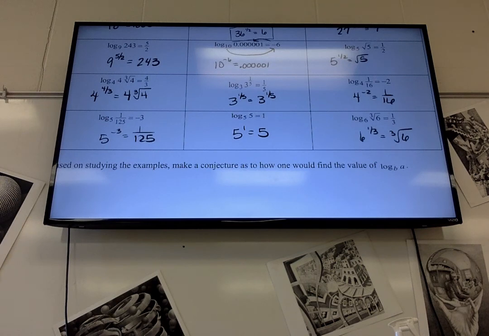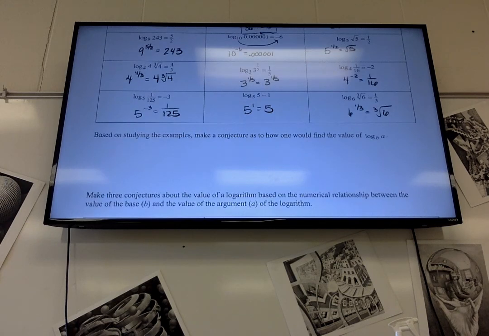Questions? So this says, based on studying the examples, blah, blah, blah. I would just call that X and use the circle method.